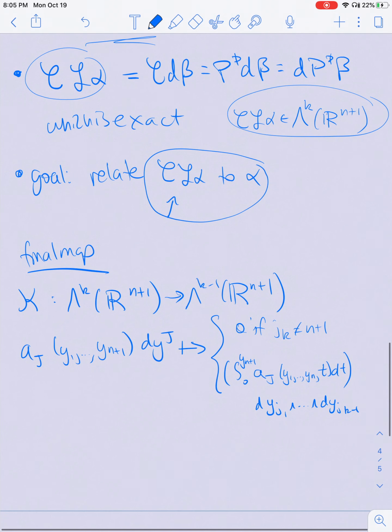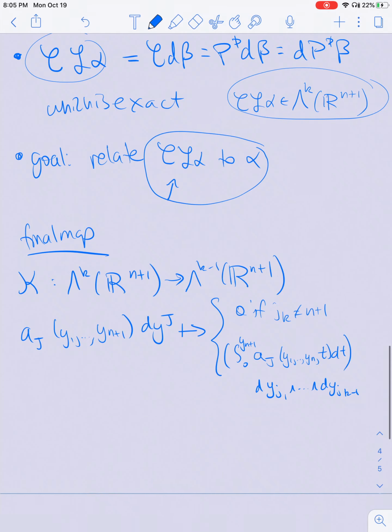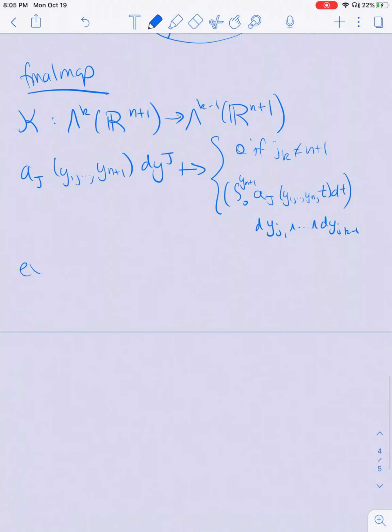So I basically just remove the last dy sub J, which will only happen, remember, if J_k is equal to n plus 1. And then we extend it linearly to alpha, which is equal to the sum over J in I_{k,n+1} of aJ dyJ.